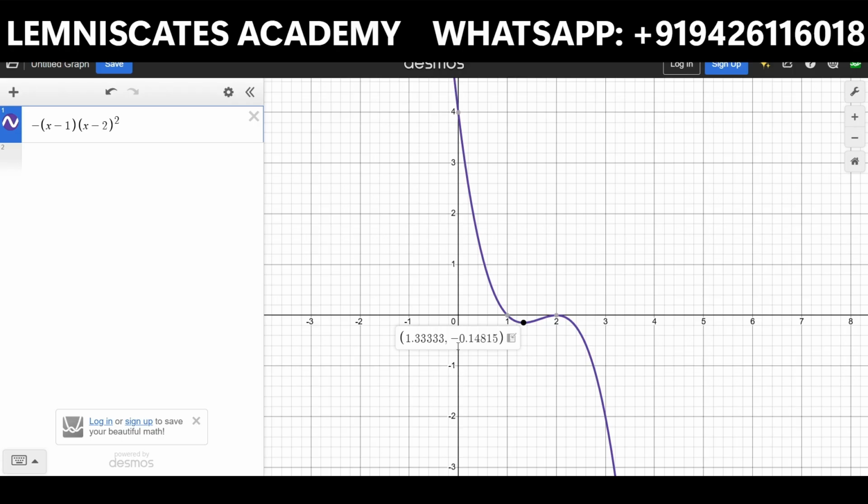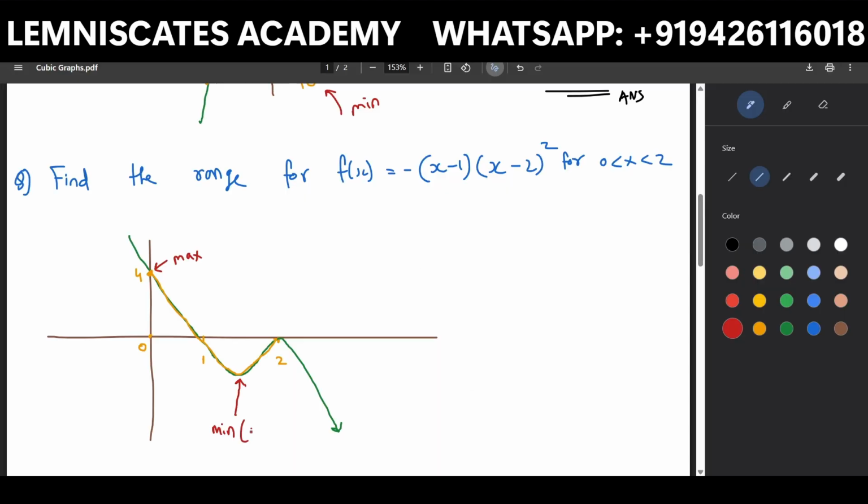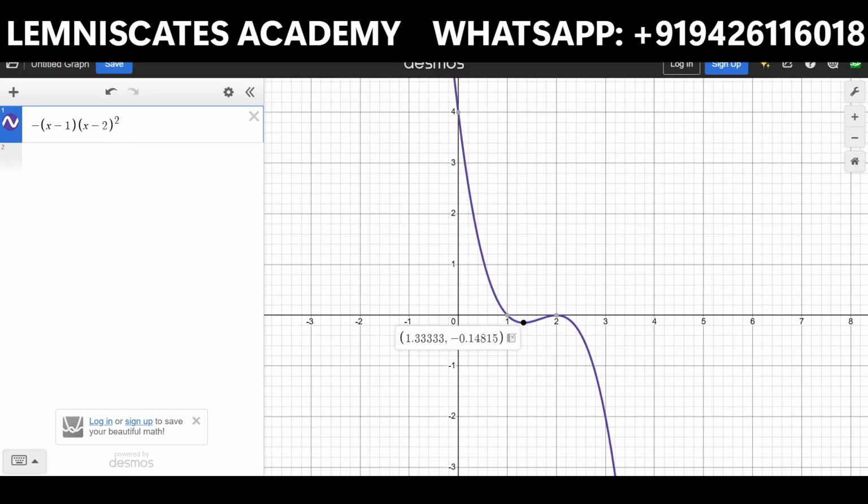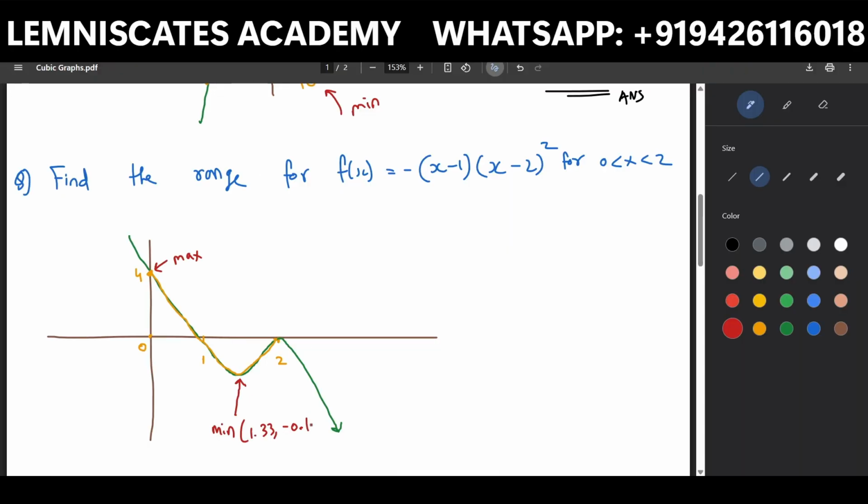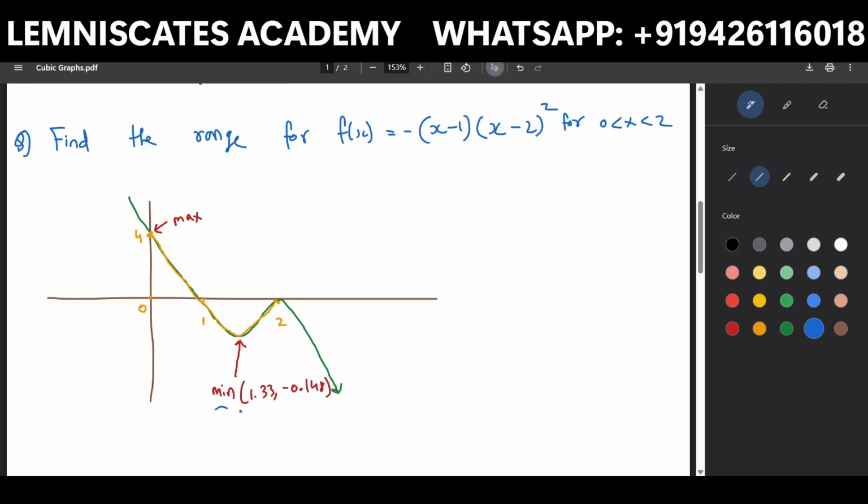And this minimum point is 1.333 comma minus 0.148. Okay, so I'll just write that this is the value taken from Desmos.